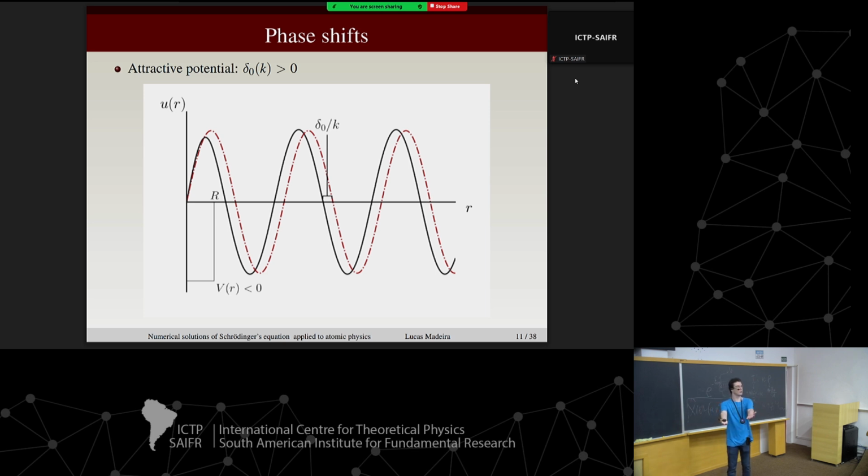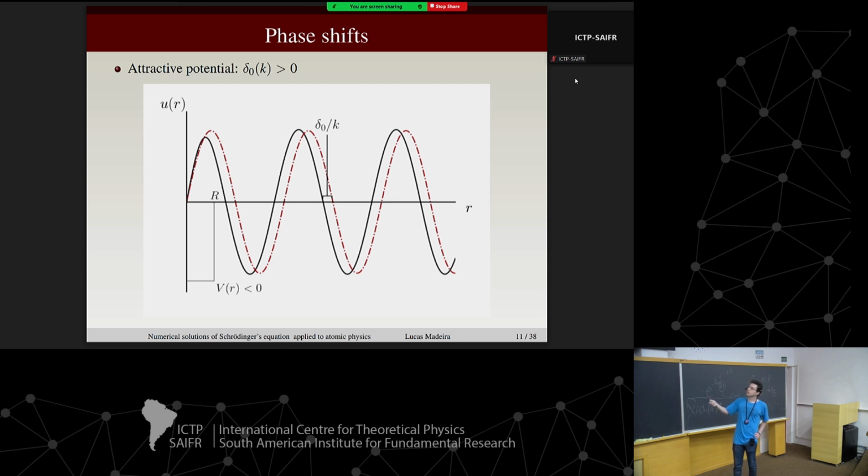It's attractive. You want the particle to be closer to the origin. And this will have a different form inside this range R of the potential. But outside of the potential, the two solutions will be the same. There is just going to be a difference in phase, right? And this distance here will be given by this phase.